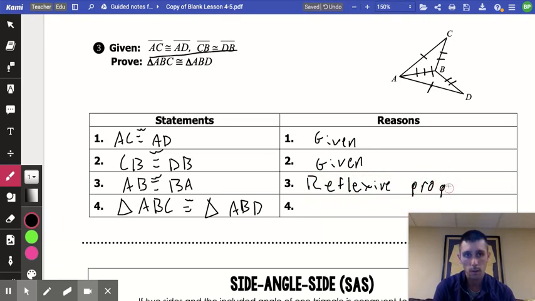Just like looking in the mirror and you see your reflection, any line can be reflective upon itself, meaning that it is equal to itself. So now we have three marked on this triangle, three marked on that triangle, side, side, side.